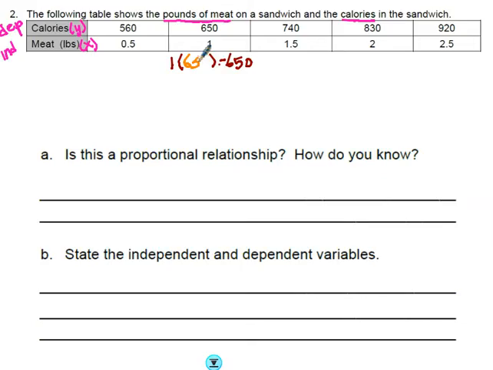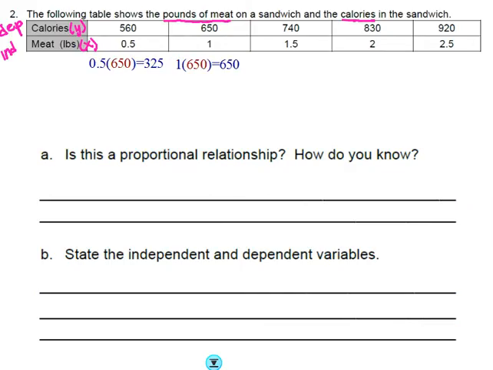So if you multiply 650 by 1, that's just going to give you 650. And that's why here we can use this number to see if everything is being multiplied by 650. If everything's being multiplied by 650, then it will be proportional. And that's what we need to check. You may use a calculator too.